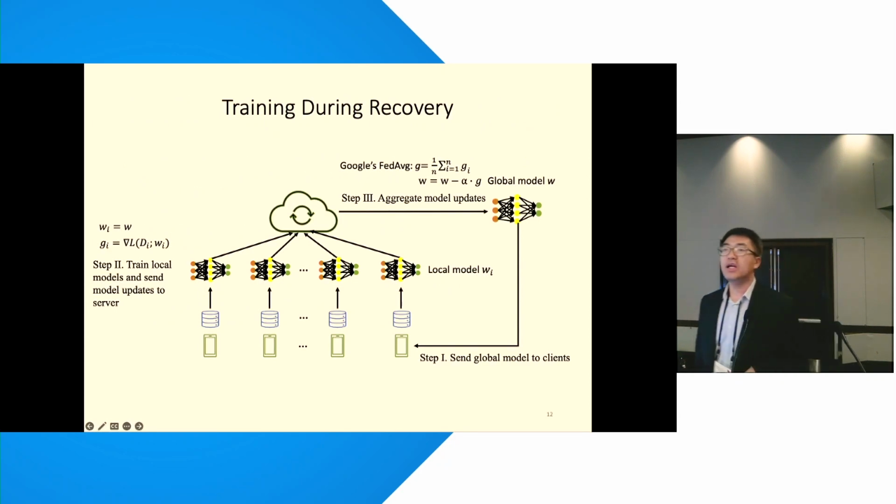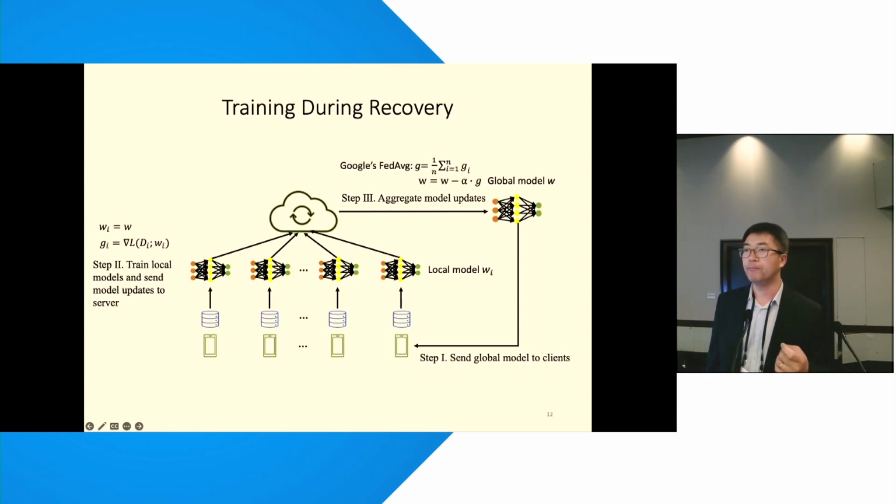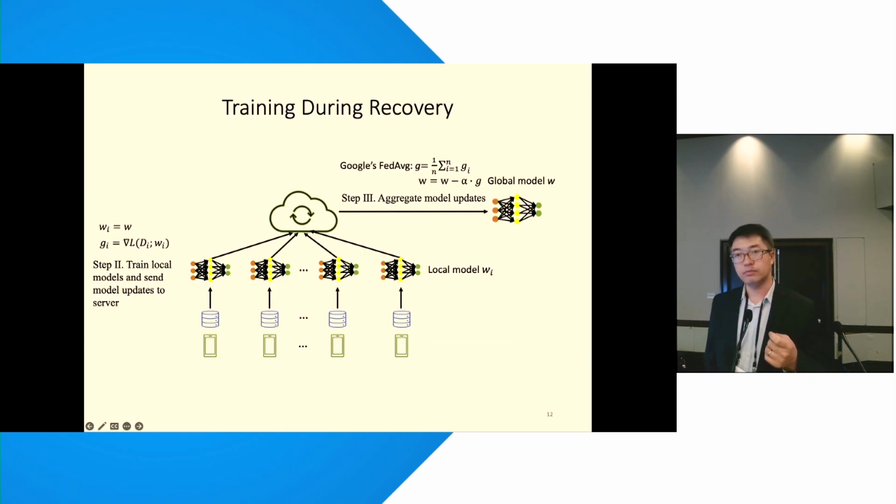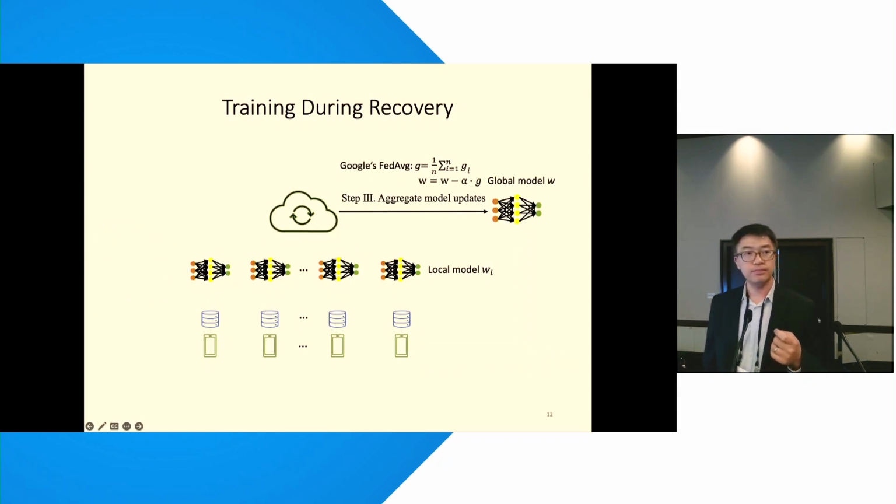Recall that federated learning performs these 3 steps in each training round. So in our method, during recovery, the server still iteratively trains the recovered global model. However, the server does not need step 1 nor step 2 in most cases.